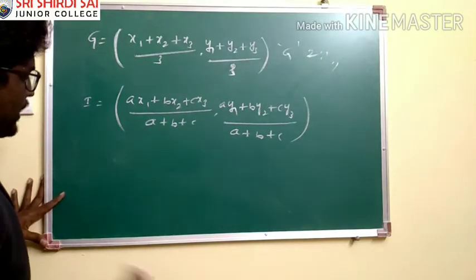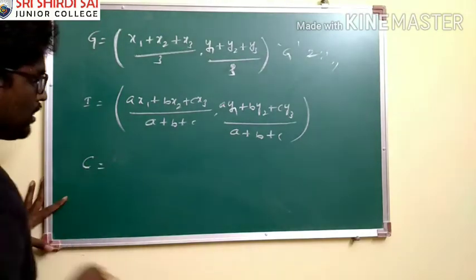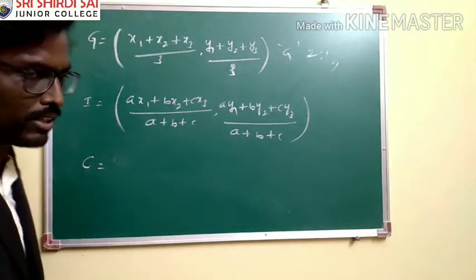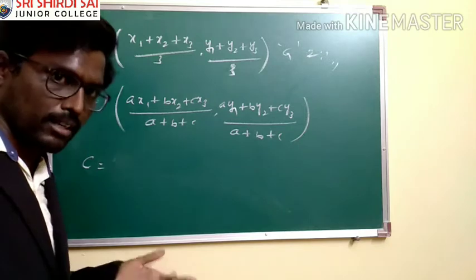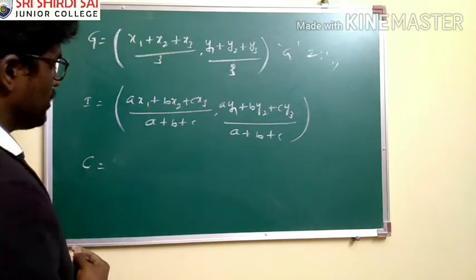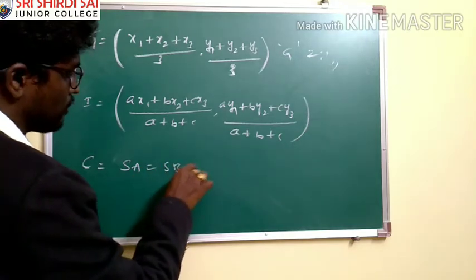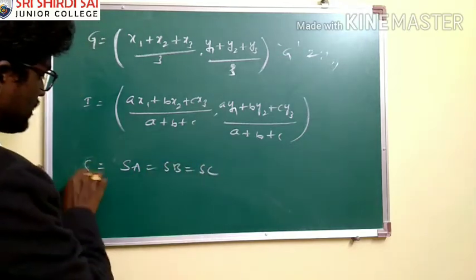And coming to the next case, that is circumcenter. What is circumcenter? Circumcenter is nothing but the point of intersection of the perpendicular bisectors. And the coordinates of the circumcenter are given by the equations SA is equal to SB is equal to SC.